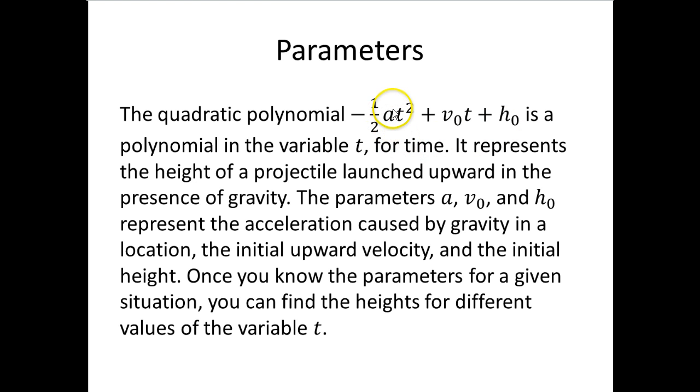That's what this represents. This is the acceleration caused by gravity. Okay, since this is a parameter, it could change depending on what planet we're standing on or our elevation here on Earth. Okay, this parameter here, v naught, represents the initial upward velocity of our object being thrown, and this parameter here, h naught, stands for the initial height.